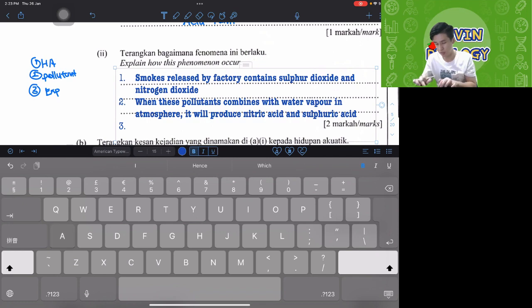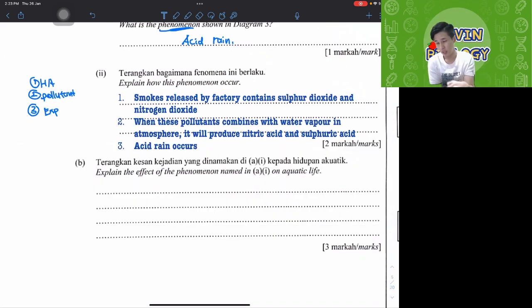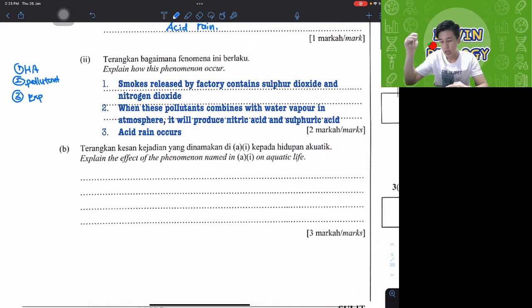Then acid rain occurs. Next, B. Explain the effect of the phenomenon named in A1 on aquatic life.